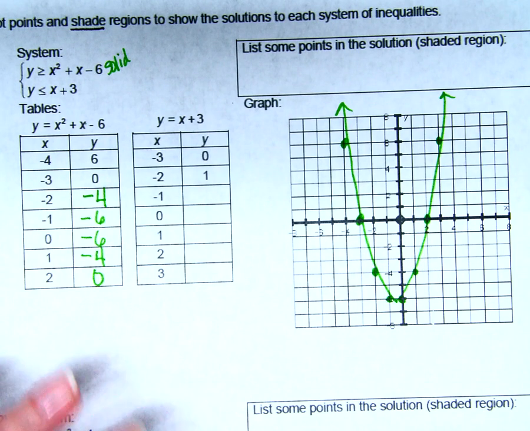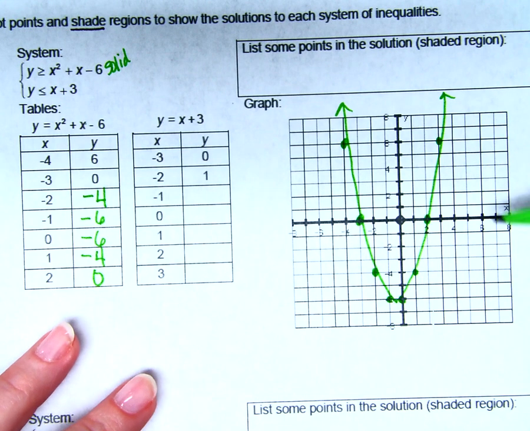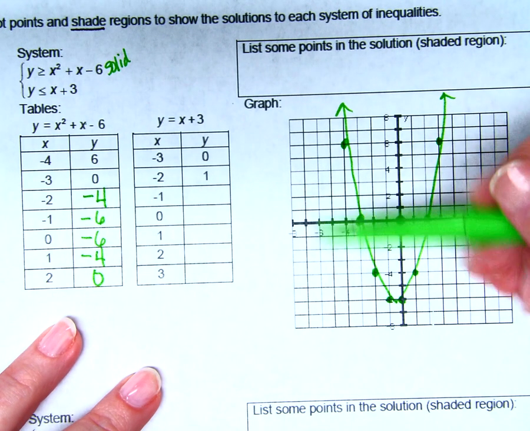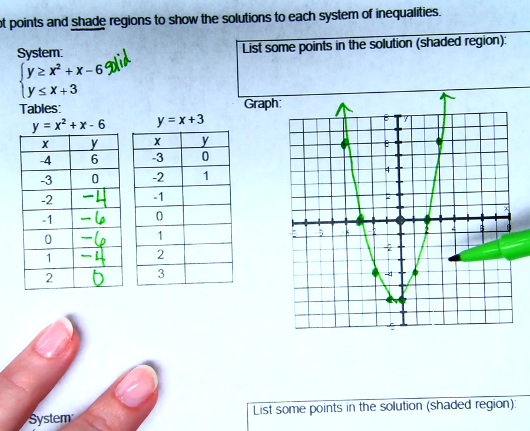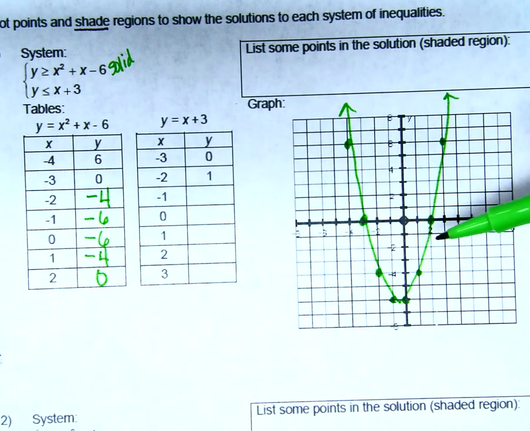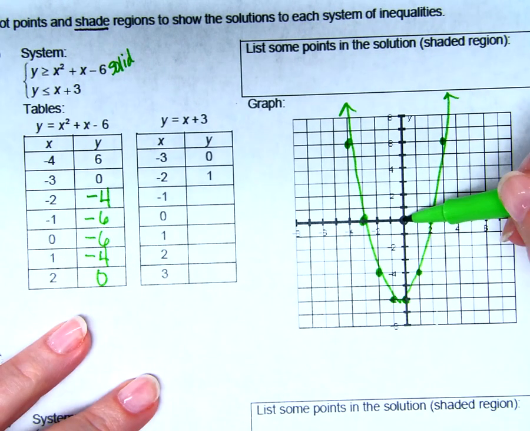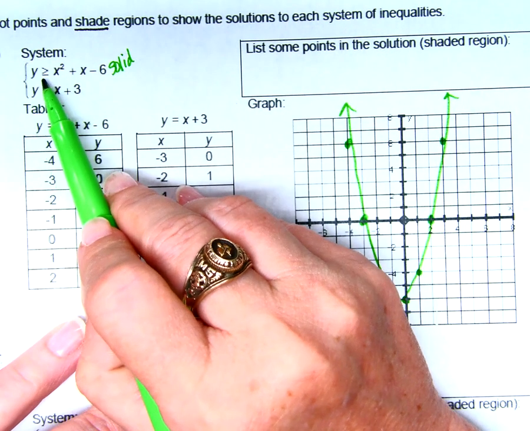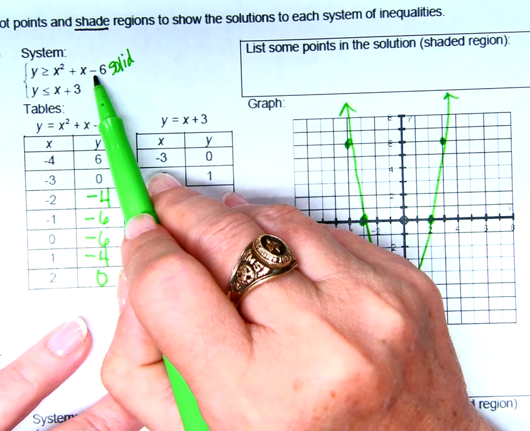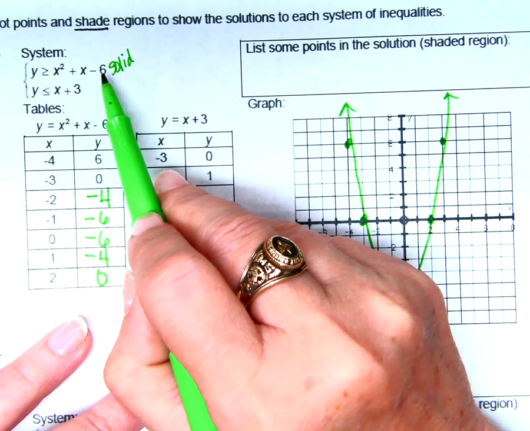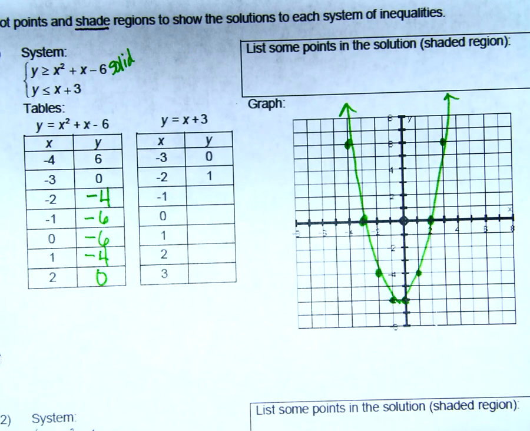And now I need to decide where to shade. Remember with parabolas, we either shade inside or we shade outside, right? So with parabolas, we choose a point. Which one's the easiest point to choose? 0, 0. 0 is greater than 0 plus 0 minus 6. 0 is greater than -6. Is that a true statement or a false statement?